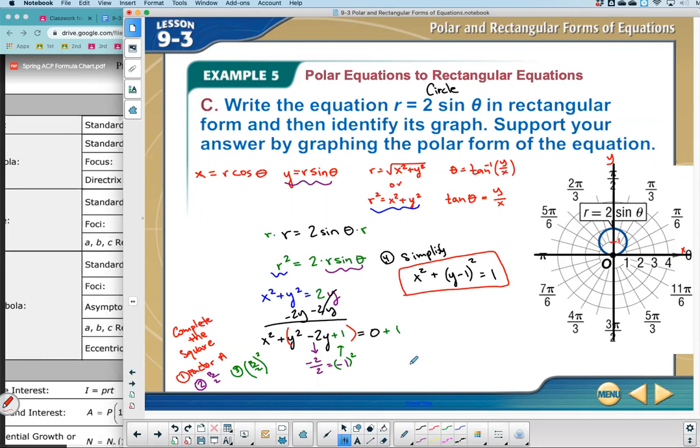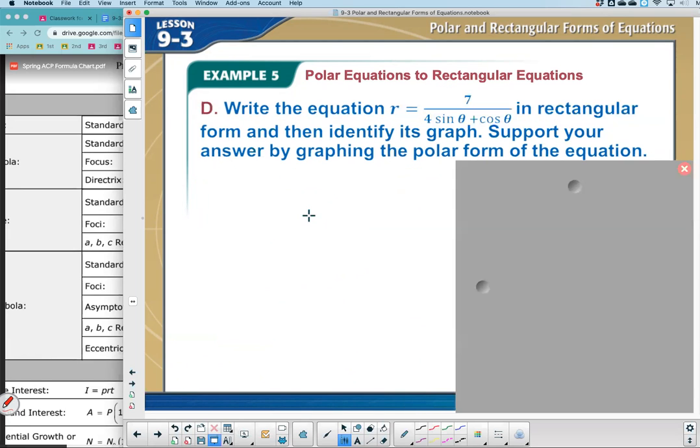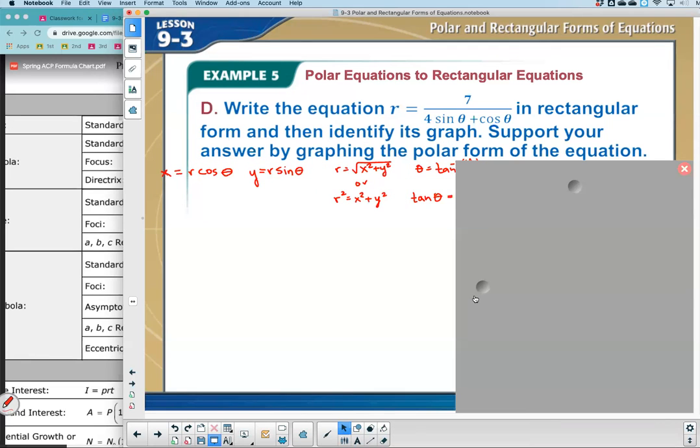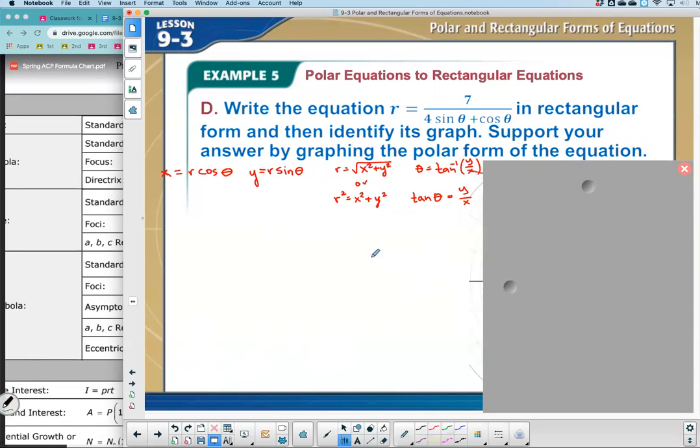All right, last one. Well, it's not going to let me drag that over, so I'll have to just do it like that. Okay, so I'm looking at this equation. Let me pull it down. R equals 7 over 4 sine theta plus cosine theta.